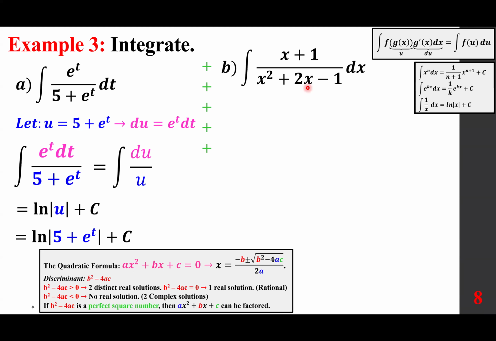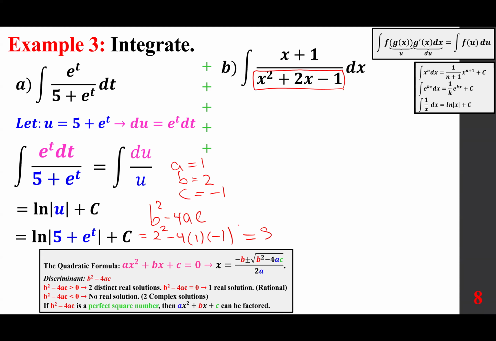So as we look at the denominator here, take a look. This one, a is 1, b is 2, c is negative 1. So b squared minus 4ac is 2 squared minus 4 times 1 times negative 1, positive 8.